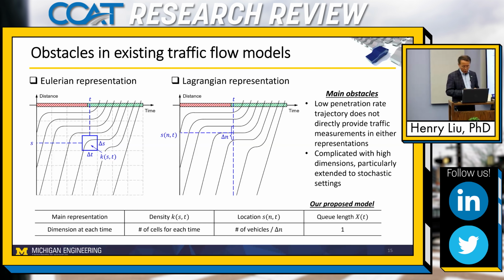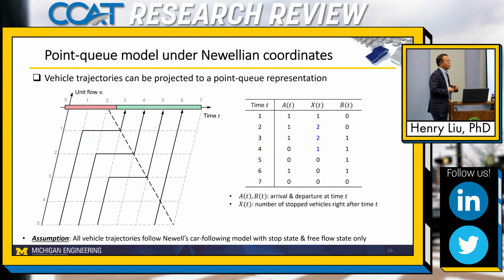This new model is essentially a simplified traffic flow model that works only for near-intersection cases, because the focus here is traffic signal. What we do is essentially a simple point queue model. If a vehicle arrives at the intersection and stops, you have one vehicle queued up.